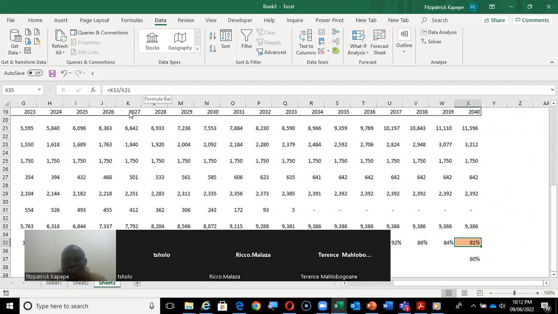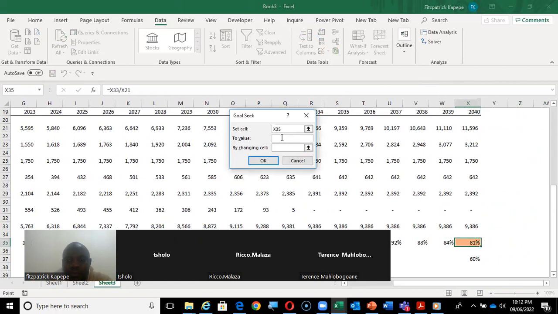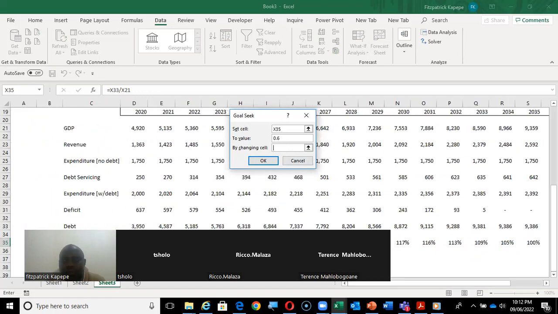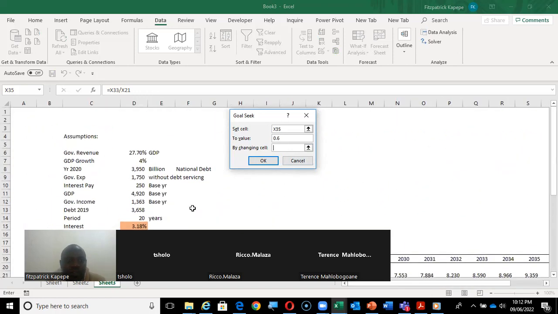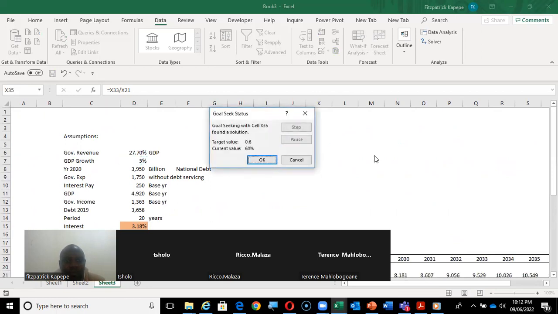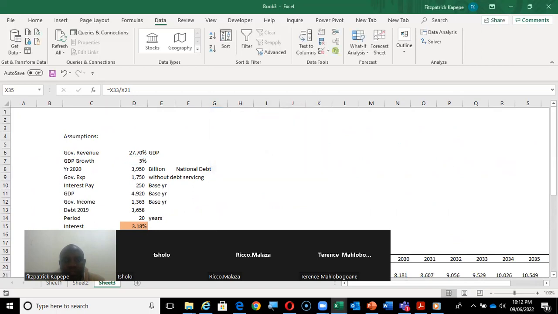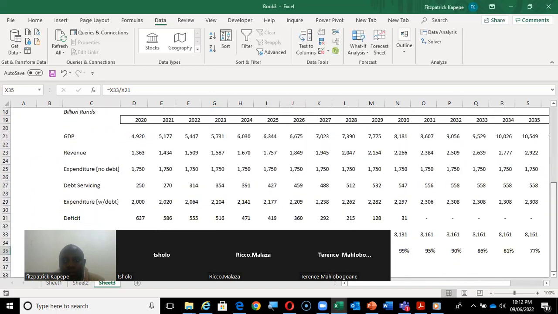Then you can redo the thing, having it at 80, then go 0.6, by changing which cell? By changing the growth rate here. That's okay.